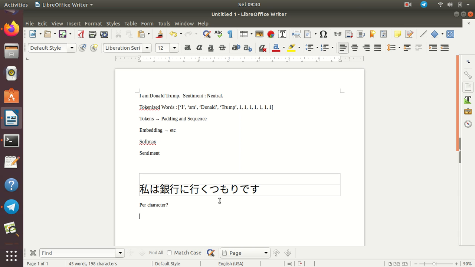So the thing is, we need a special tokenizer, a Japanese tokenizer. I don't know where to get it, but we need to try it first. And then of course, a Japanese embedding.